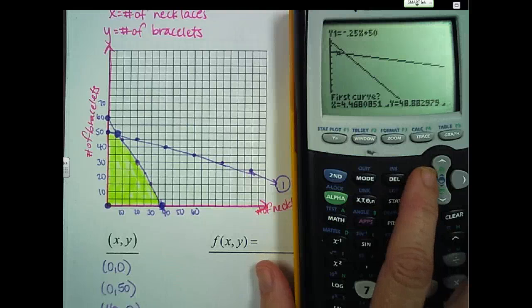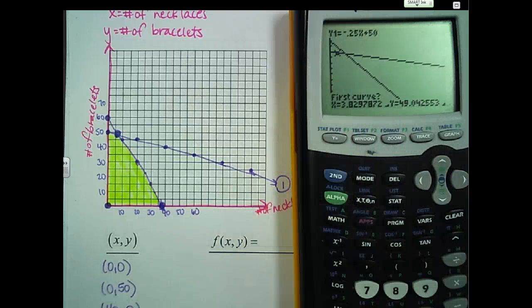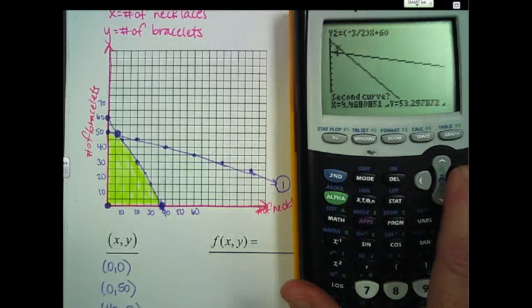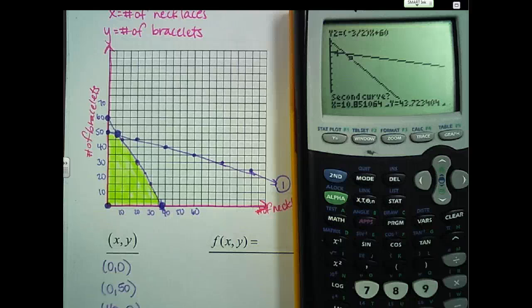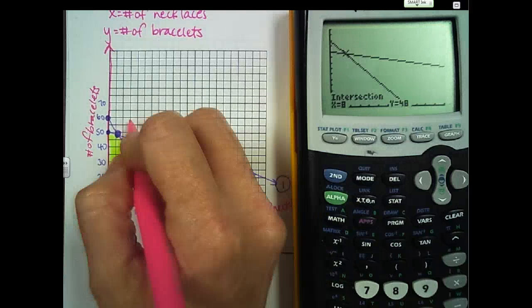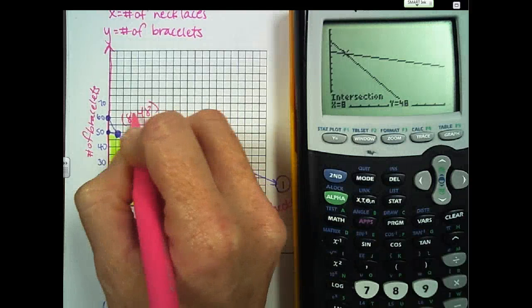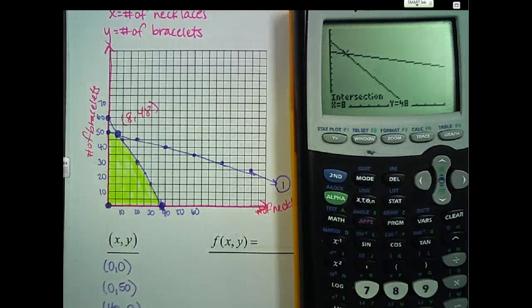I'm just going to come over here closer to the point. So there's my first curve. I'm on the first line. I hit enter. Now you're on the second line. I'm going to go down a little. Get near it. Hit enter. And hit enter again. And there it is. Where do they intersect at? 8, 48. So this is 8, 48. A lot better than some of the ways that we've done it before.